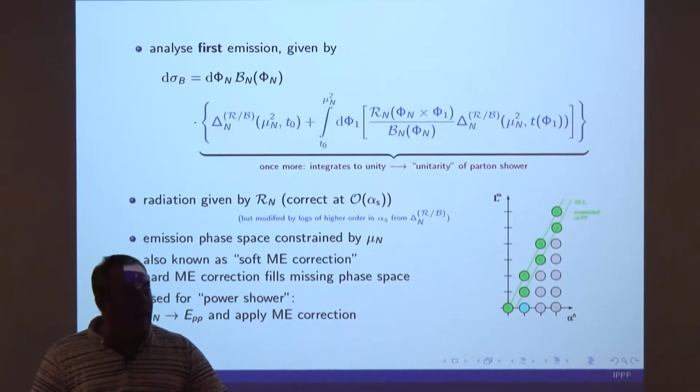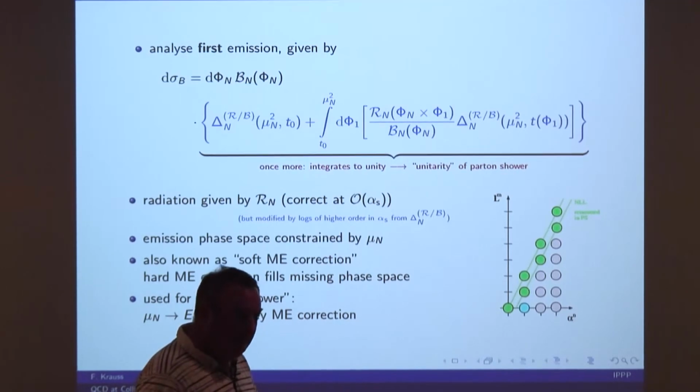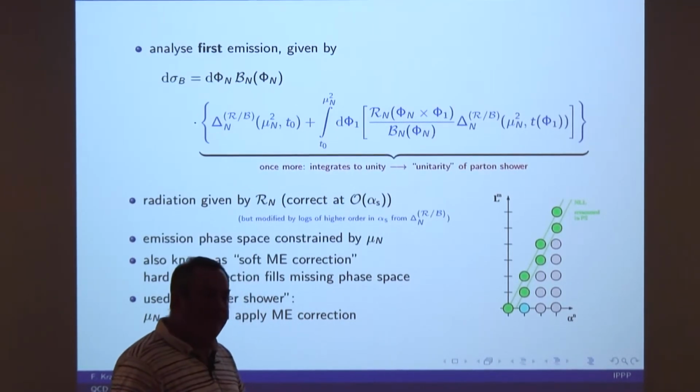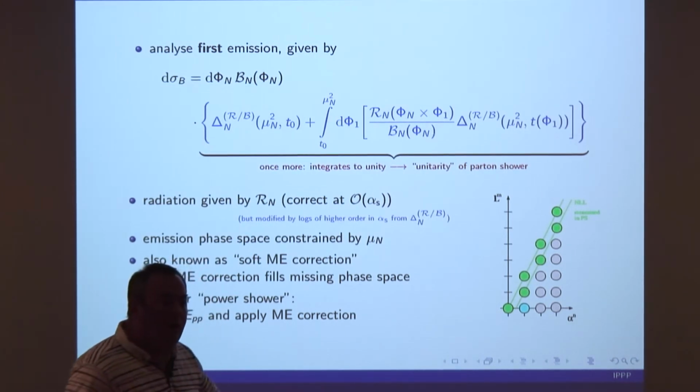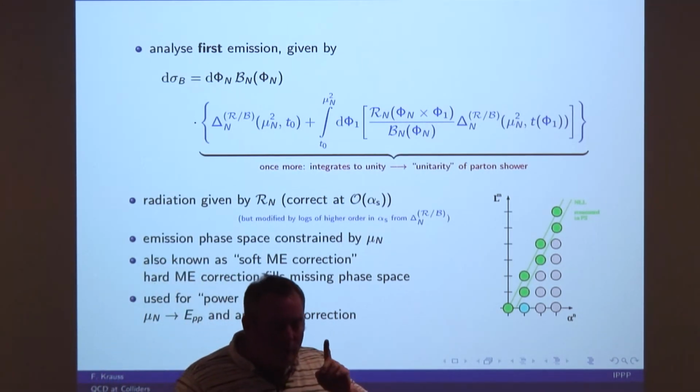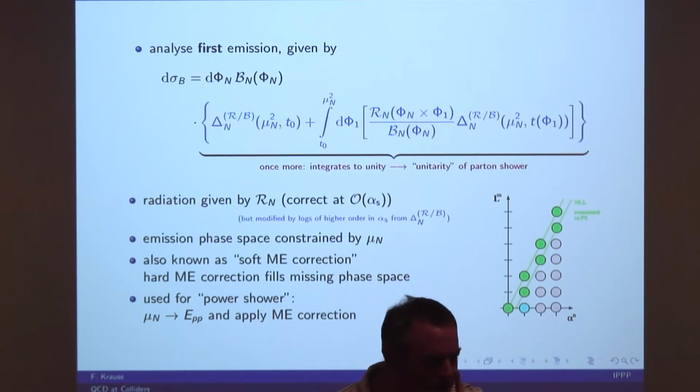Okay, so question. Yep. In what cases do you want to apply this? If you have the real emission amplitude, why not do the correction at total next to leading order and only leading order with parton shower? Sorry, let me try whether I understand the question, because I'm not quite sure I understood it right.